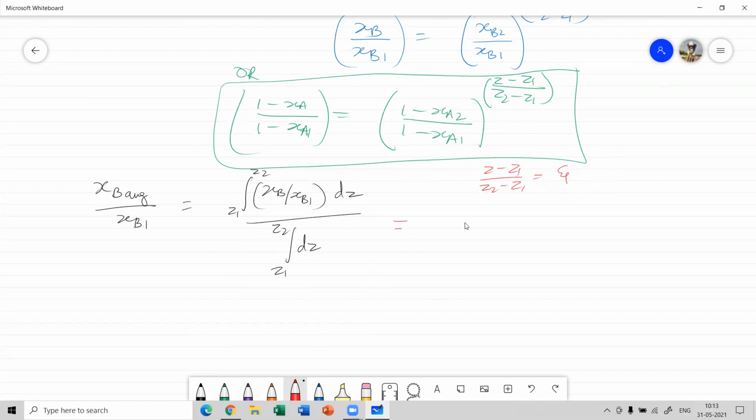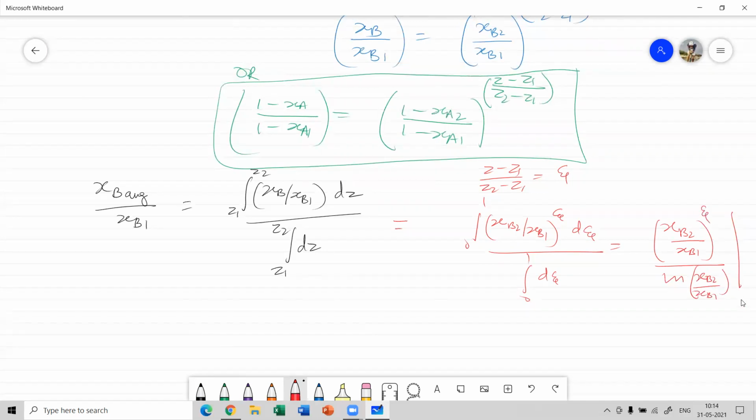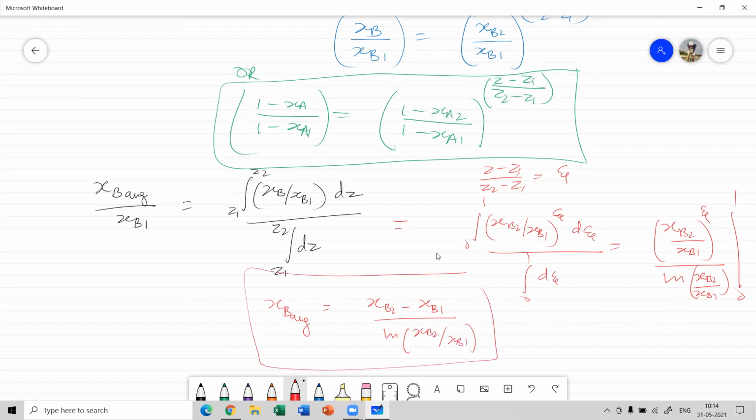So this becomes the integral from 0 to 1 of xb2 over xb1 raised to power zeta d zeta, which is nothing but xb2 over xb1 raised to power zeta over ln xb2 over xb1, integrated from 0 to 1, which comes out to be xb average as xb2 minus xb1 over ln xb2 over xb1. That's the value of the average term.